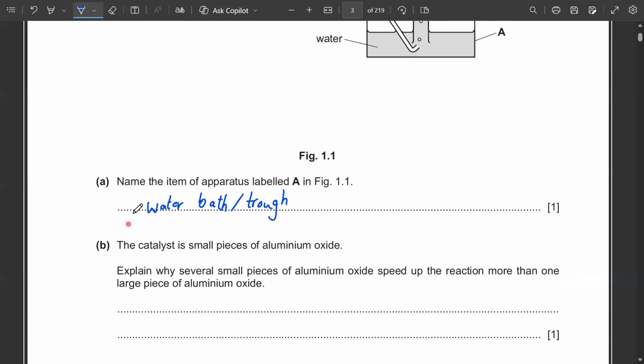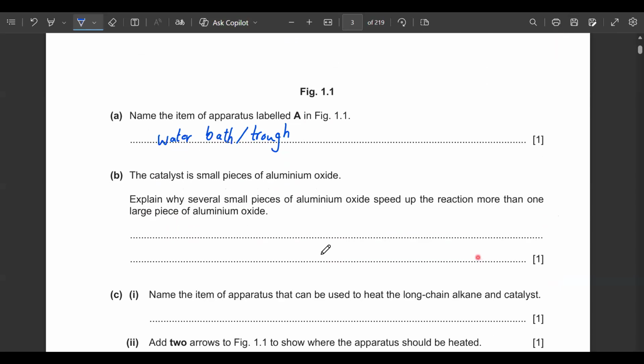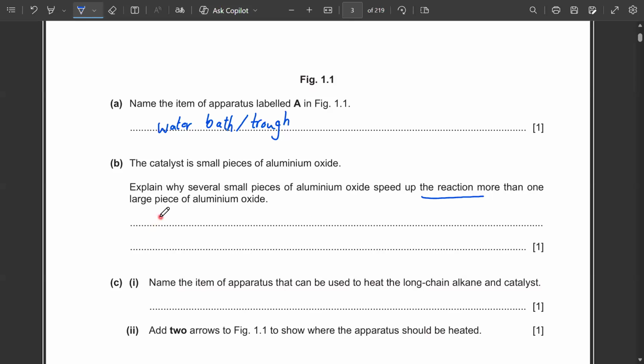Then the second part: the catalyst is small pieces of aluminum oxide. Explain why several small pieces of aluminum oxide speed up the reaction more than one with large pieces of aluminum oxide. So we remember from the chapter of reaction kinetics that a catalyst works better when it has a larger surface area. In other words, the rate of the reaction can be increased by increasing the surface area.